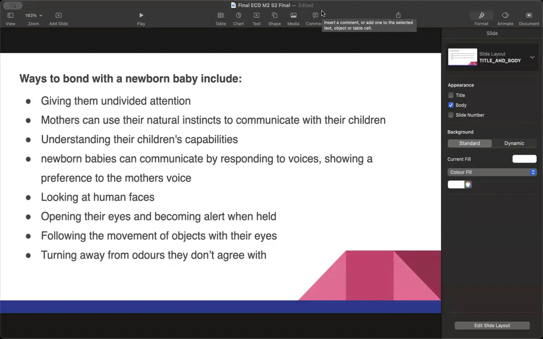Yes. Okay. So if we go back to our previous slide, we will remember that we were talking about prevention of teenage pregnancies. When you look at all of these things listed here on ways to bond with a newborn baby, you will understand why we are advocating against teenage pregnancies, because teenagers are not going to be able to give a baby their undivided attention.